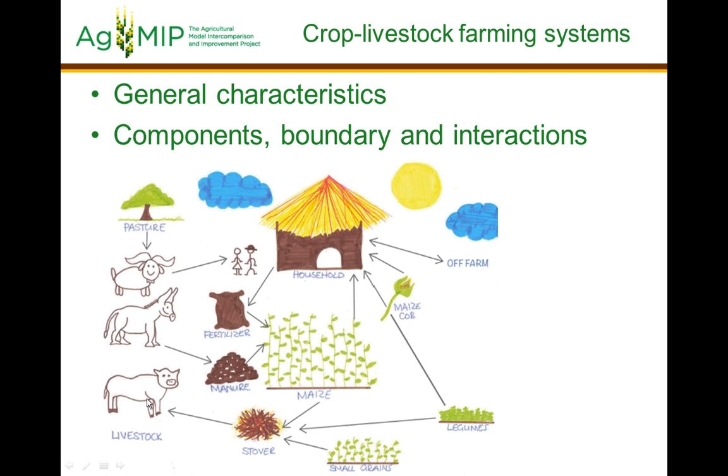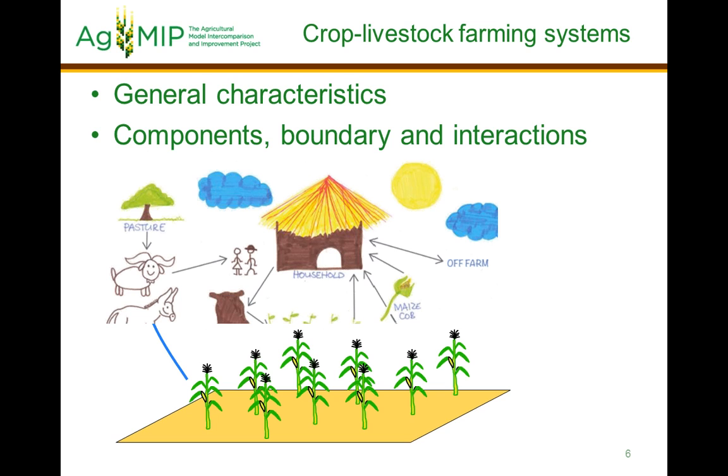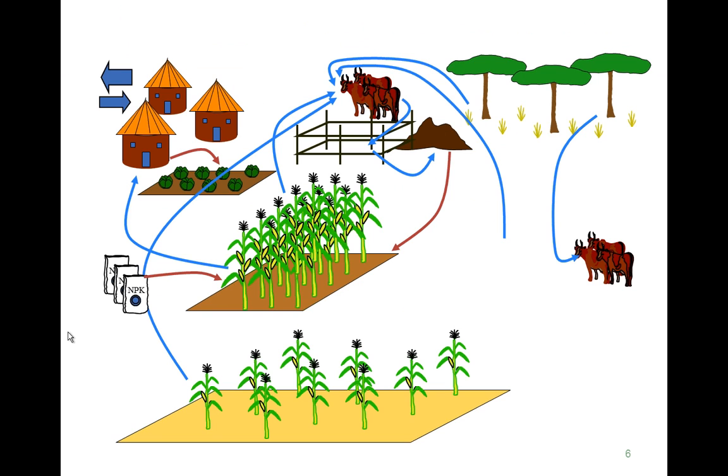So we have the livestock, different types of livestock here, the different crops that farmers may grow, the manure that goes from the livestock to the crops, the stover or the crop residues that go from the crops to the livestock as feed, and then importantly also the pastures where the livestock is grazing.